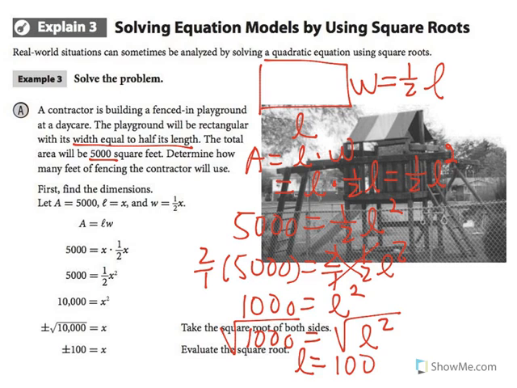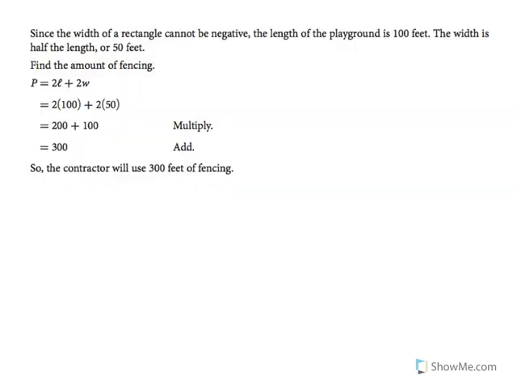But the question asks us to determine how many square feet of fencing the contractor will use. This means that we're looking for the perimeter. Right? So the equation for the perimeter is 2 times the length plus 2 times the width.